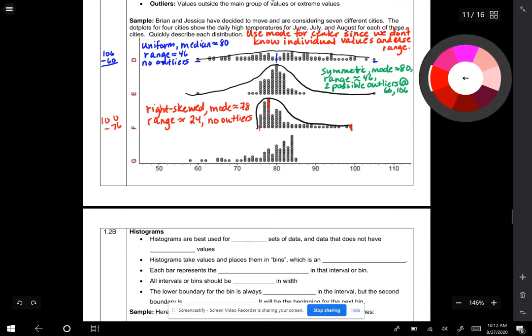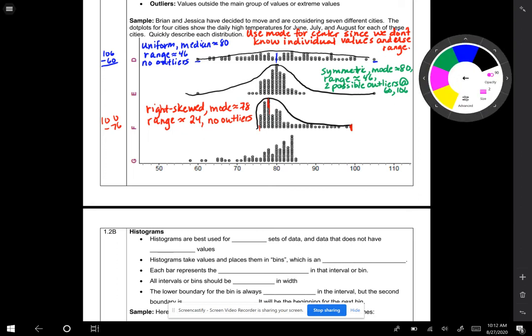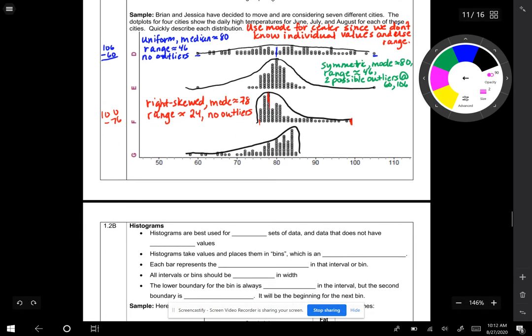Okay, and our final, let's use this color just because I want to. So our last graph, it's definitely left skewed because the tail is on the left. Okay, so left skewed. The mode is, let's see, 85, 58, so 27.